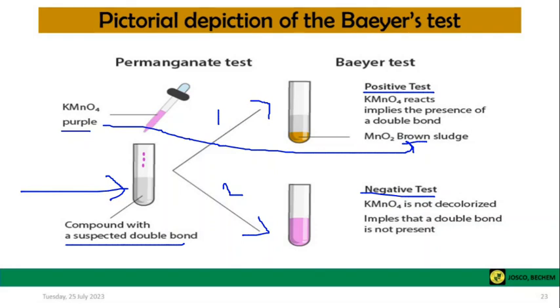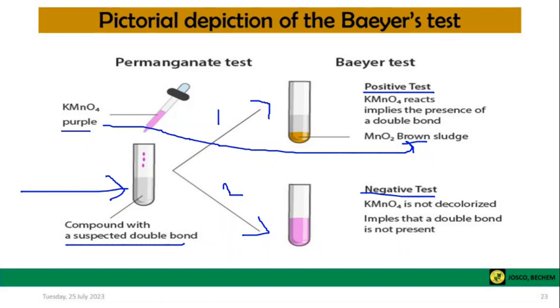I hope you get the concept now. Once you add your potassium permanganate, either there will be a color change or not. If there is a color change from purple to brown, it means that there is presence of the alkene, and you have a positive test.